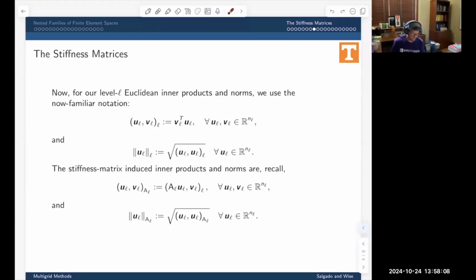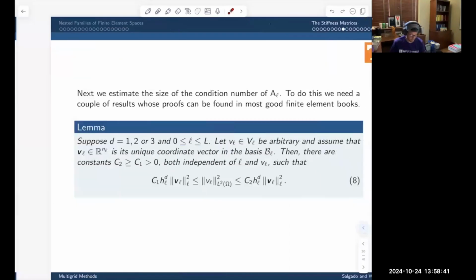The stiffness matrix, or each stiffness matrix, because it's a symmetric positive definite matrix, induces an inner product called the energy inner product, or the A_L inner product, and it does that in the usual way. So these are all just recalling things that we've done many, many times. And of course, we can create an energy norm by using the energy inner product. You just take the same function against itself in the energy inner product, and then you take the square root. So all those are things that we're quite familiar with by now.